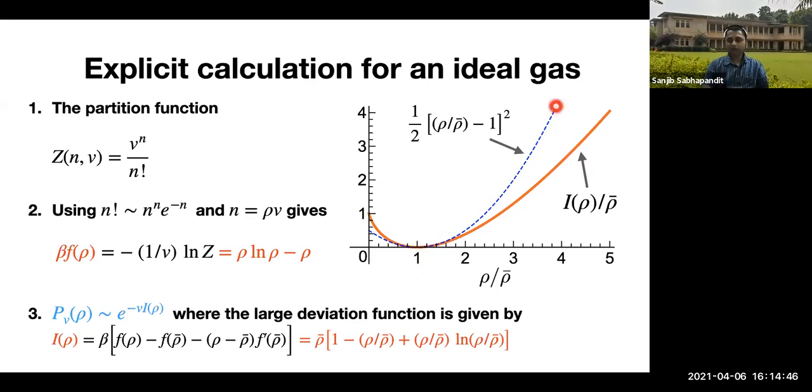But if you go far away from there, they differ quite distinctly, and far away from the typical fluctuation, the large deviation form of the probability distribution function provides the description of the problem.